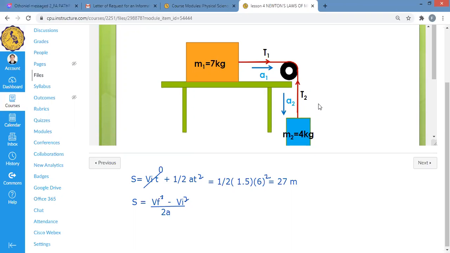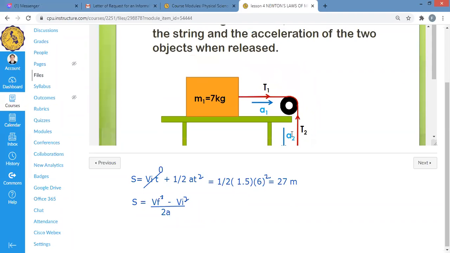Now, if this is a frictionless pulley, the pulley does not offer any friction to the string. We will realize that the tensions here will obviously be the same. They are one system. We did not tie this string to this pulley; it's free to slide.